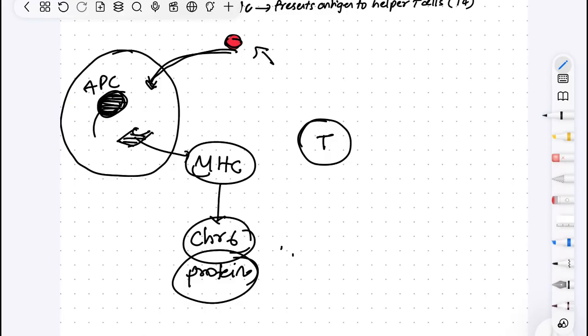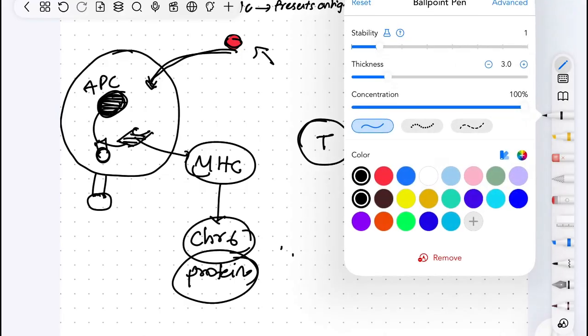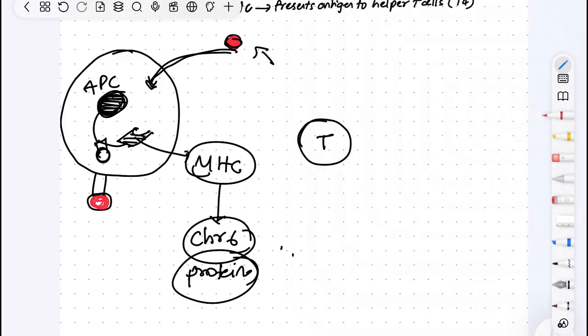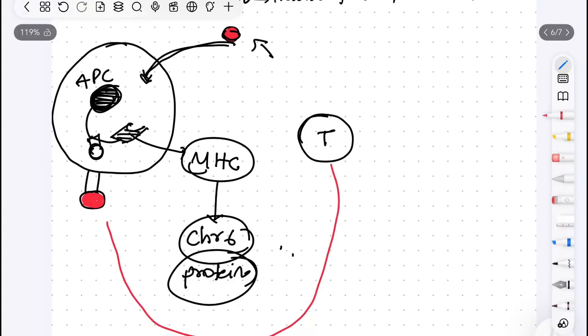Inside, it is processed and fuses with MHC. Okay, so they fuse with major histocompatibility complex, and they are presented on the surface of antigen presenting cells. Now, as soon as they are presented on antigen presenting cells, T lymphocytes detect them and cause the immune response. I hope you are clear with this.